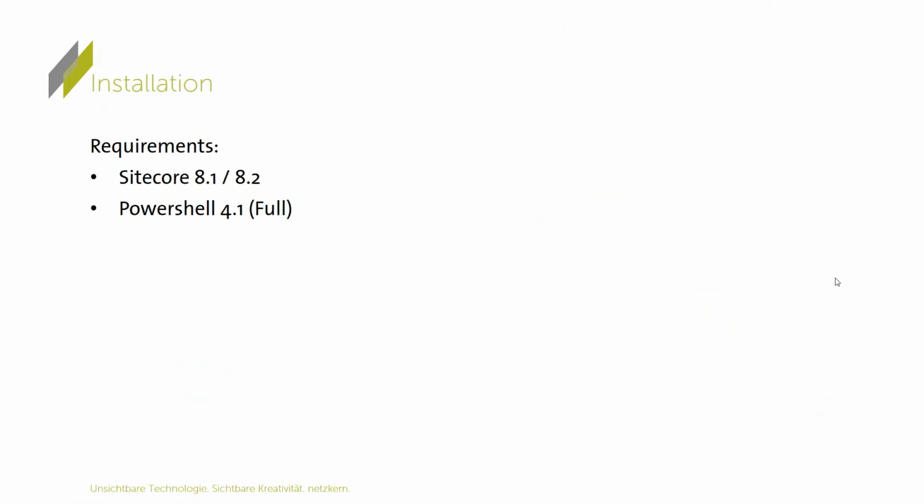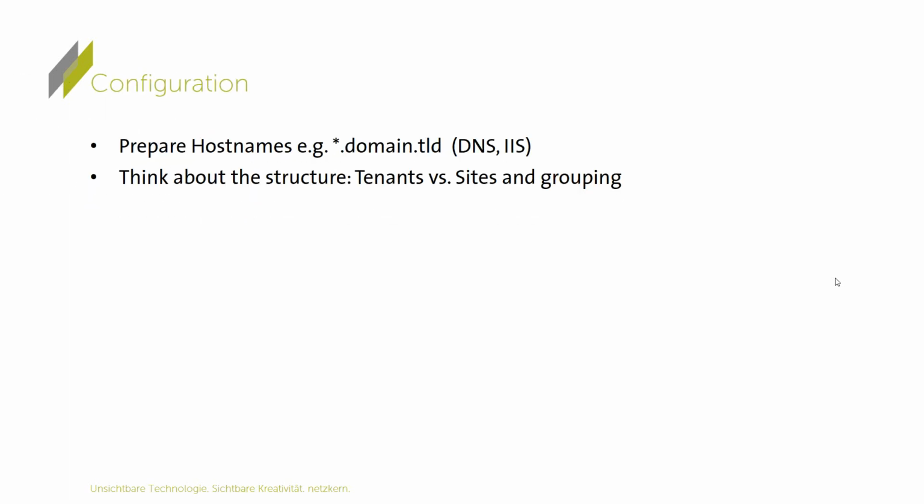With the installation you just need to install the PowerShell module and nothing comes up, and the PowerShell module is pretty awesome and pretty cool to use, by the way. You also need to set up some host names, so you can configure your host names for new pages within the dialogues. But of course you need to map them in the IIS and in the DNS system.